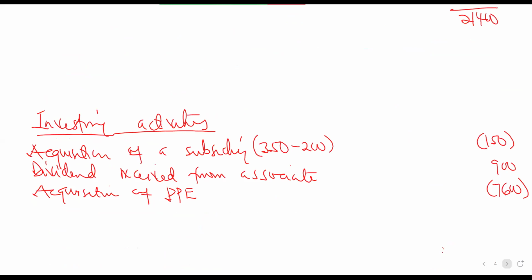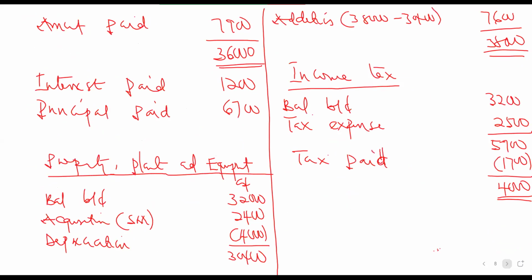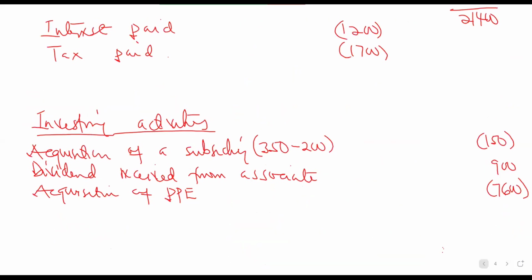Then we now come to the interest paid and then the tax paid. That will be adjusted. So interest paid was 1,200. That will be an outflow. The income tax or the tax paid, we have done that already. I'm sure that is 1,700. Let's go and check. Okay, tax paid is 1,700.